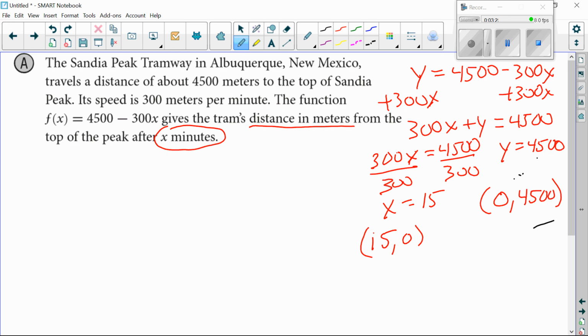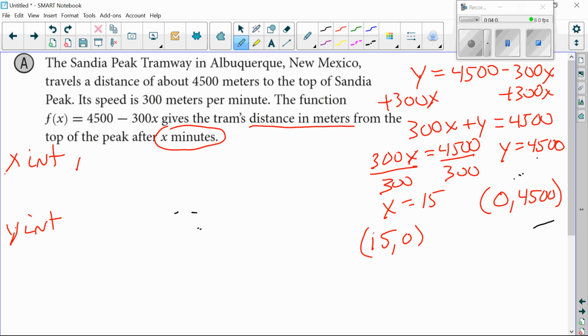Now what we want to do next is say what each one of these things mean. Okay, what does it mean at the x-intercept? And what does it mean for the y-intercept? Well, since the y represents the distance traveled, and there would be 0 distance at 15 minutes, that means it takes 15 minutes to get to the top. So the y-intercept represents 15 minutes before it's done.